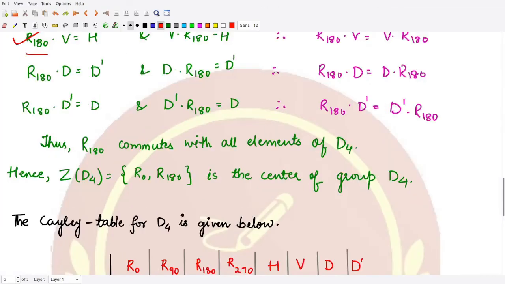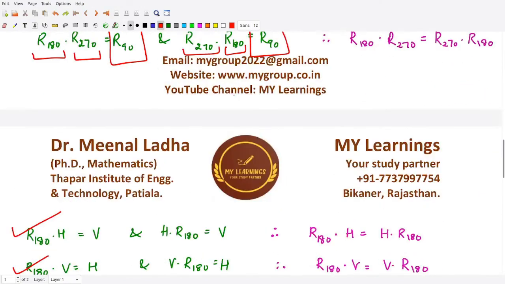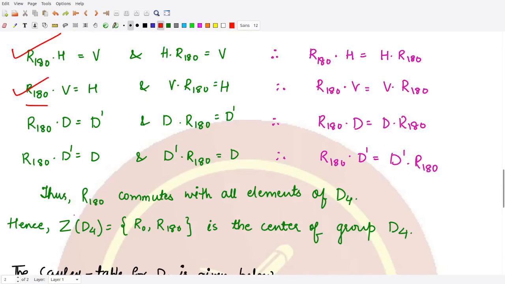Once we have the commutativity with all the elements, we may say that this R180 commutes with all the elements of the group D4, so it would come under the center of the group D4. Therefore the center of group D4 contains two elements, one is the identity element and the other one is R180, right?